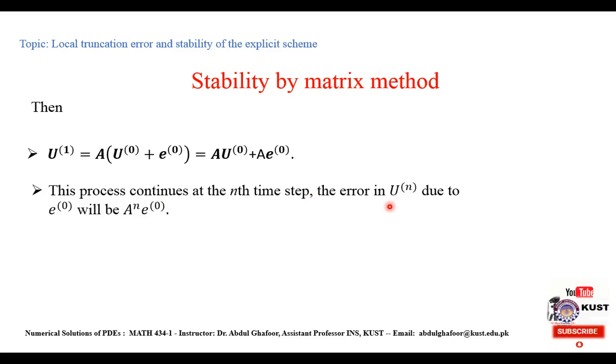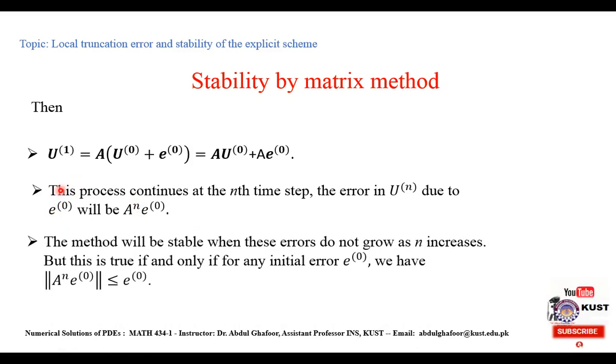The error in Un due to E0 will be A^n E0, because when we substitute U1 in U2 equal to A U1, we get U2 equal to A squared U0 plus A squared E0. So an error A^n E0 will propagate at the nth time step due to this error E0, which we consider in the initial data.